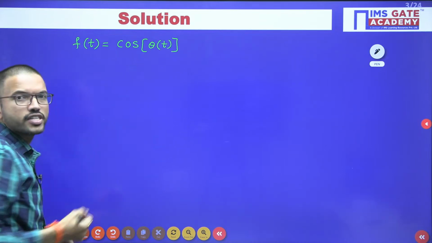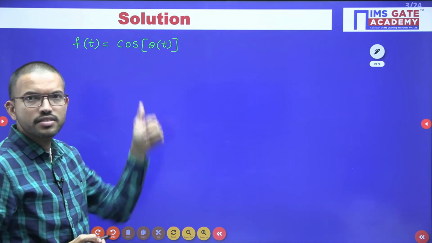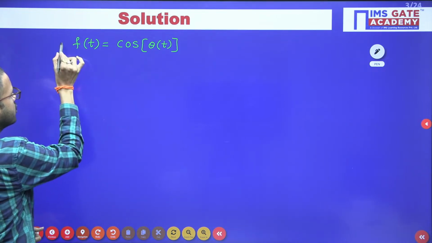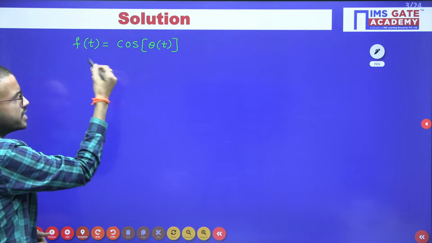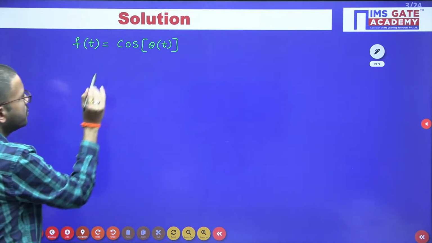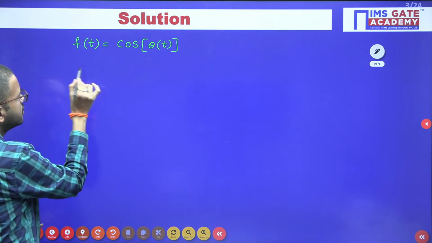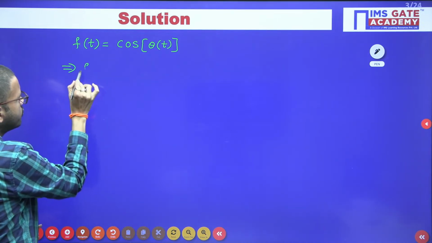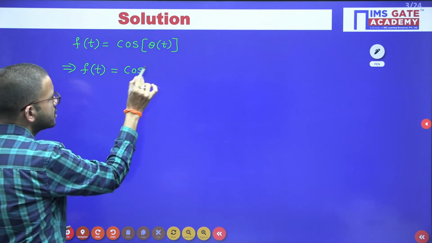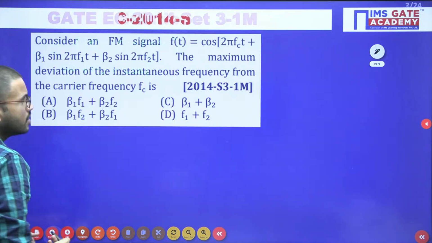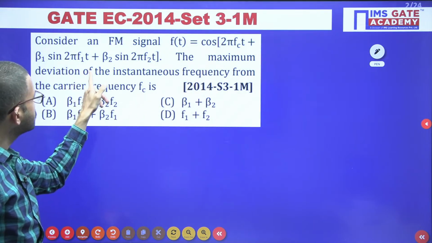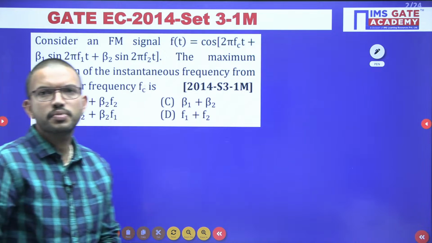Here they have represented the FM signal with the letter F. Whatever the given equation is, I am representing it now: cos 2 pi fct plus beta 1 sin 2 pi f1t plus beta 2 sin 2 pi f2t.